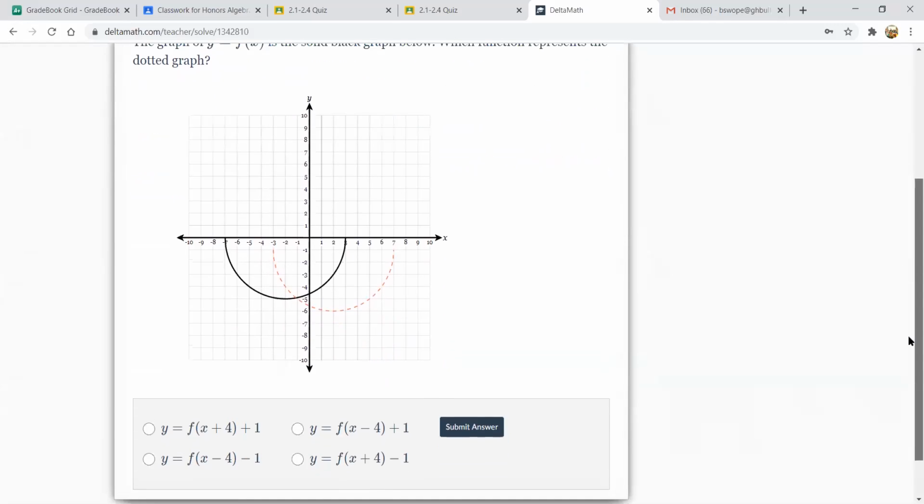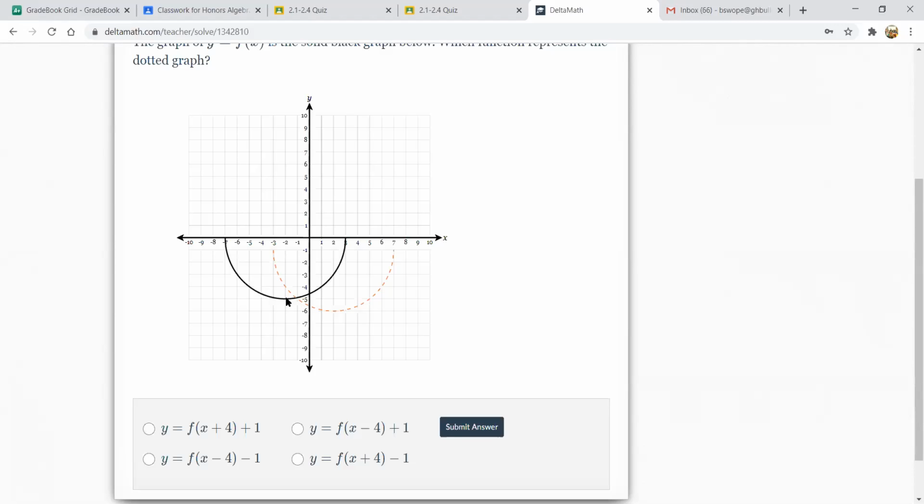So these are going to be multiple choice. We're going to look for a rule that would move it to the right and move it down. If you have your rule sheet, you can look at those rules, like f of x plus or minus k, f of x plus or minus h. One thing you can do is find one point on your graph.